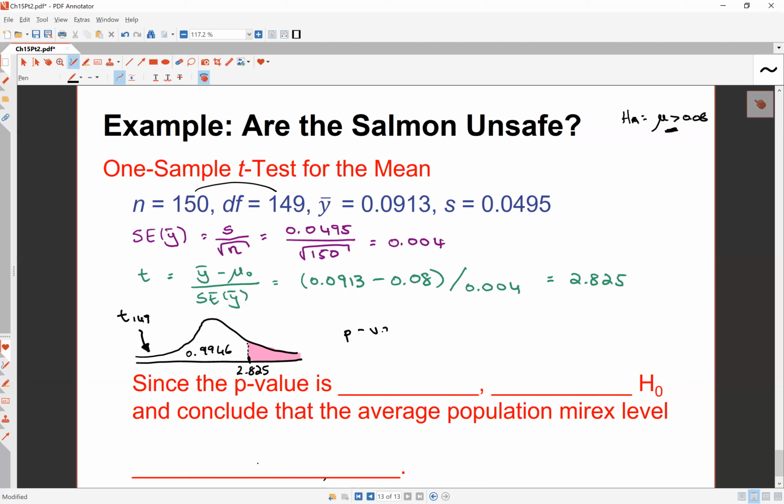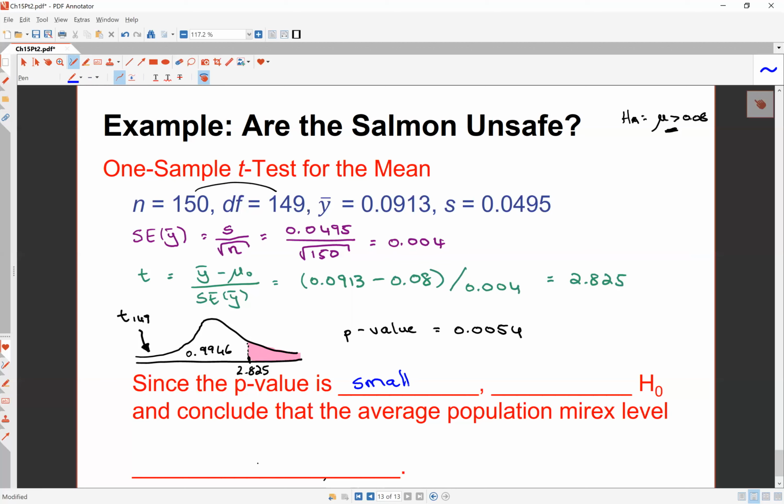And so the p-value will be the area to the right, 1 minus that area to the left, and in this case, that is 0.0054. Again, this is a small p-value. This p-value is 0.5%.